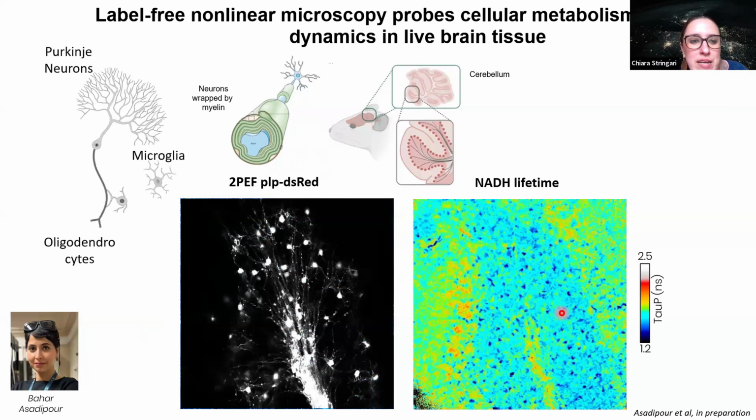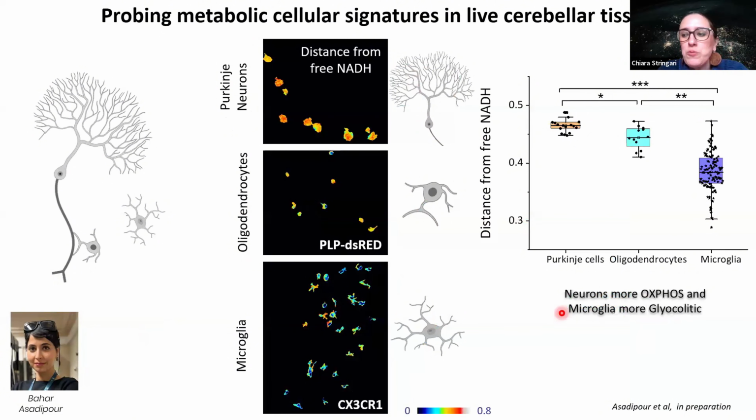And then by using red reporters, we can do single cell analysis and see what is happening inside different types of cells. And what we observe is that we have very different metabolism and very different lifetime in neuronal Purkinje neurons. Purkinje neurons have the most oxidative phosphorylation and long NADH lifetime.